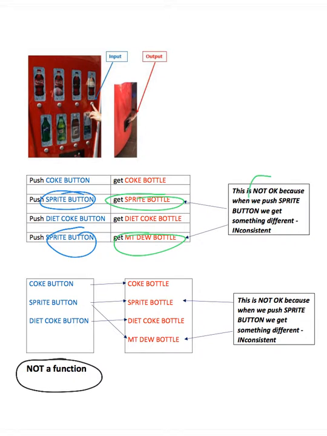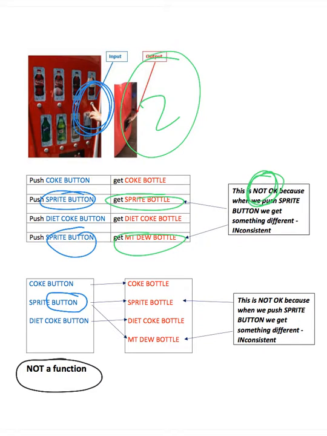This is not okay because you got two different outputs for Sprite. Here you push Sprite and you either got a Sprite or you got Mountain Dew. When you get more than one output, then it is no longer a function.